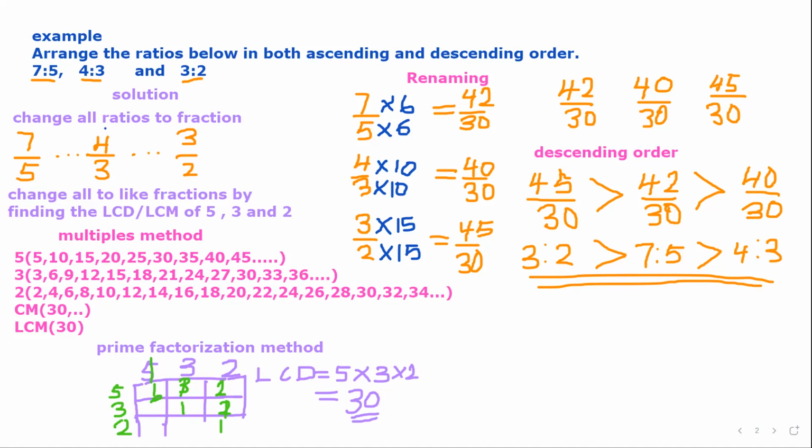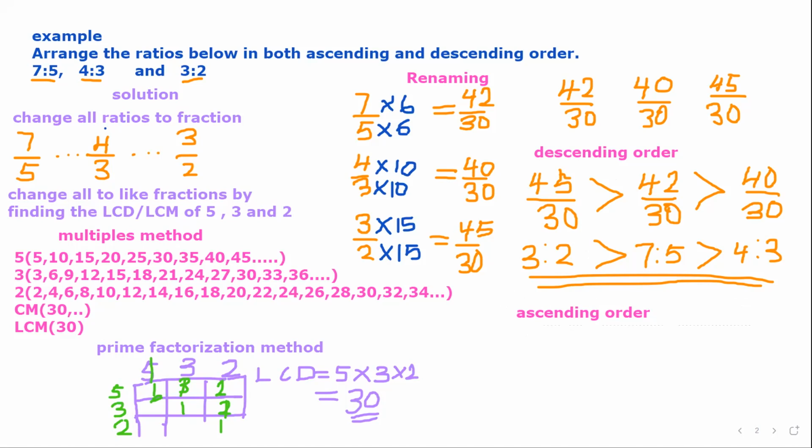When they ask you to arrange them in ascending order, ascending order means from the smallest to the biggest.